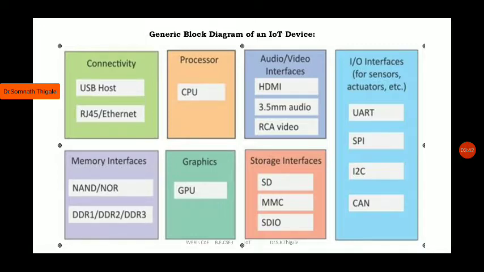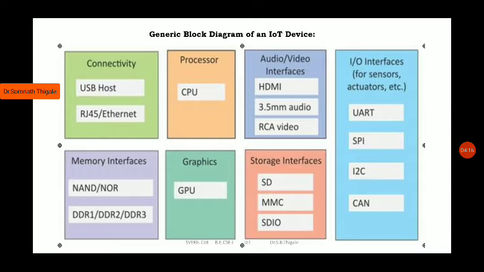Next, you can see the audio video interface: HDMI, high definition multimedia interface, then the audio jack, similar to the mobile 3.5 audio jack, then RCA, which stands for Radio Corporation of America, that can be used for input audio video interactions.